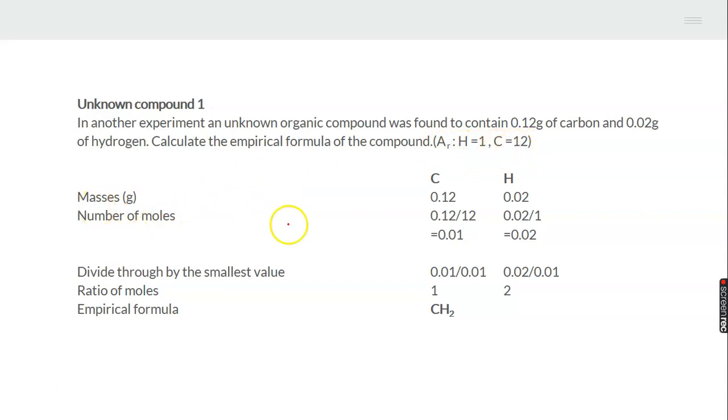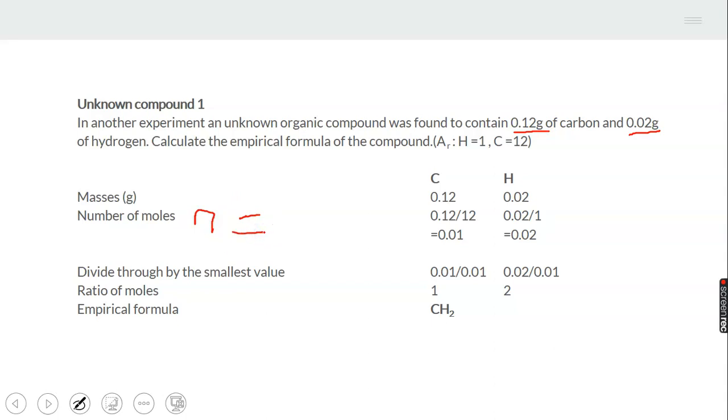So when you want to find this compound, you have to follow that same procedure. Mass in grams: you have been given the mass of carbon, 0.12, and the mass of hydrogen, 0.02. So when you divide to get the number of moles, don't forget at any point in time, moles, acronym N, equals what?